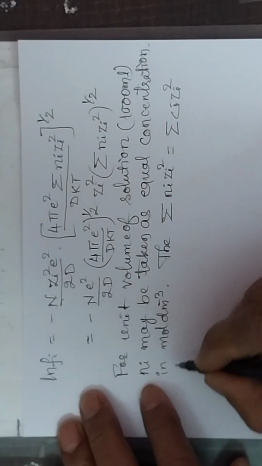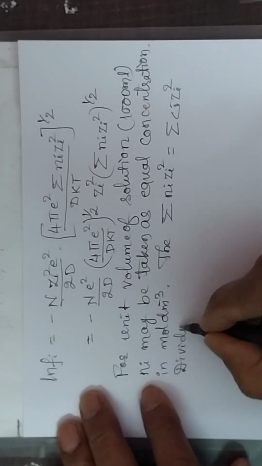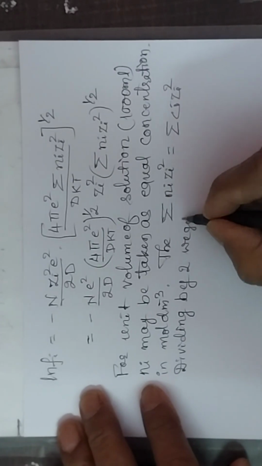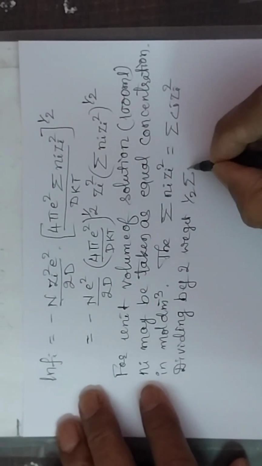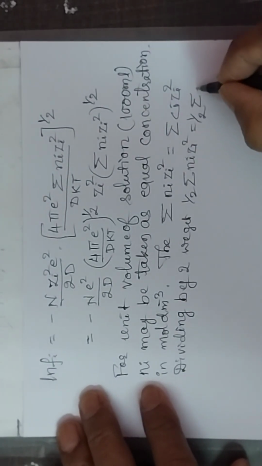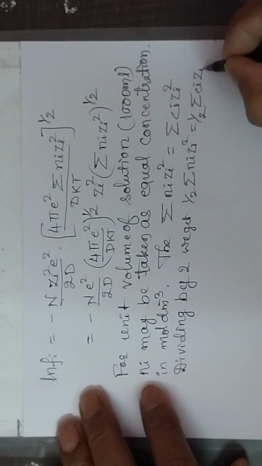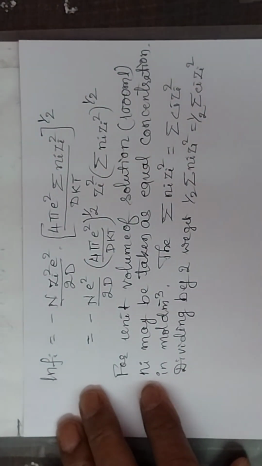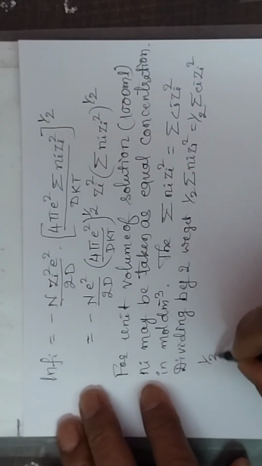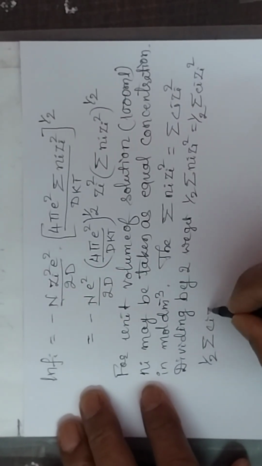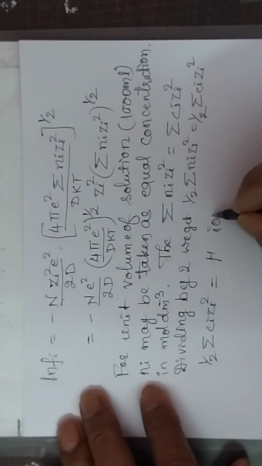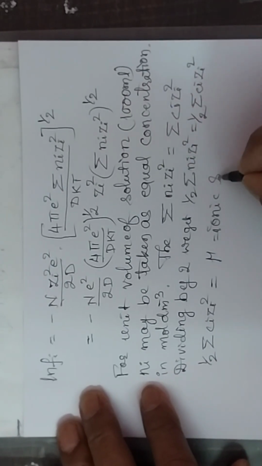By dividing by 2, we get 1 by 2 summation of ni zi square equal to 1 by 2 summation of ci zi square, which may be taken as equal to mu, that is the ionic strength.